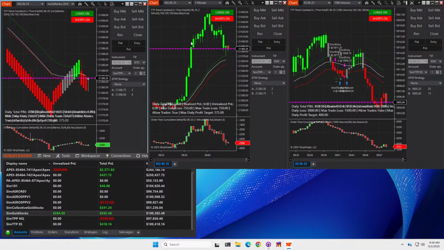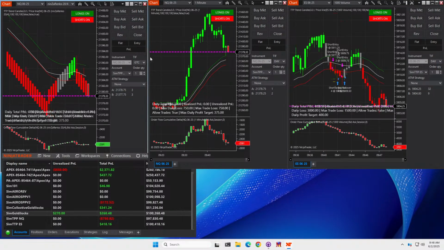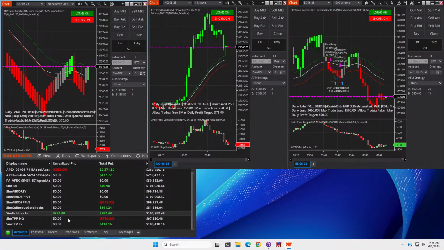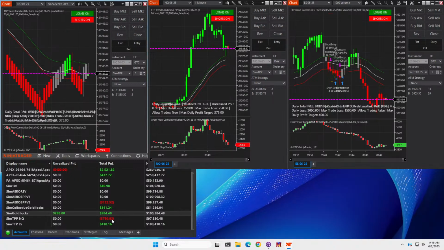And then we got a 1 minute NQ. These are the trend candles and ES 1000 volume. So they have a $400 profit target and max loss 750. It looks like NQ hit a max loss, so that's not going to trade anymore. And ES hit its profit target, so the trend candles aren't going to trade anymore.